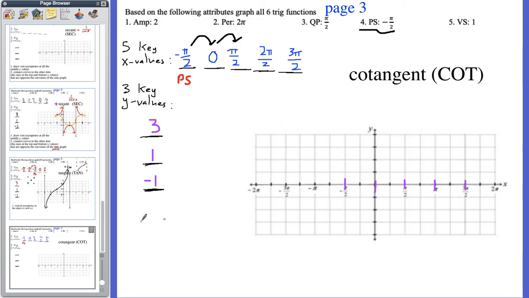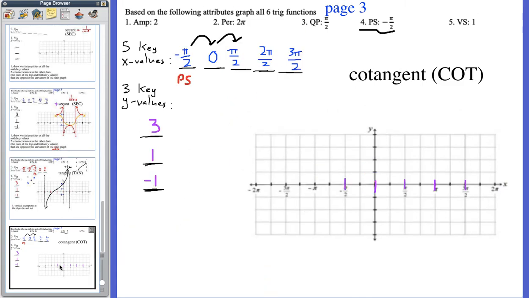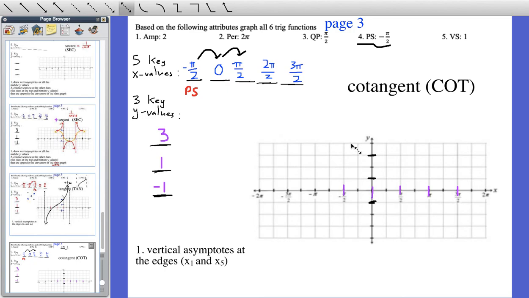Okay, and then it has the same steps that we go through for graphing it. So there still are vertical asymptotes at the edges. Let's mark our y values, 1, 3, and negative 1. So vertical asymptotes, we can use red this time, at those two x values.